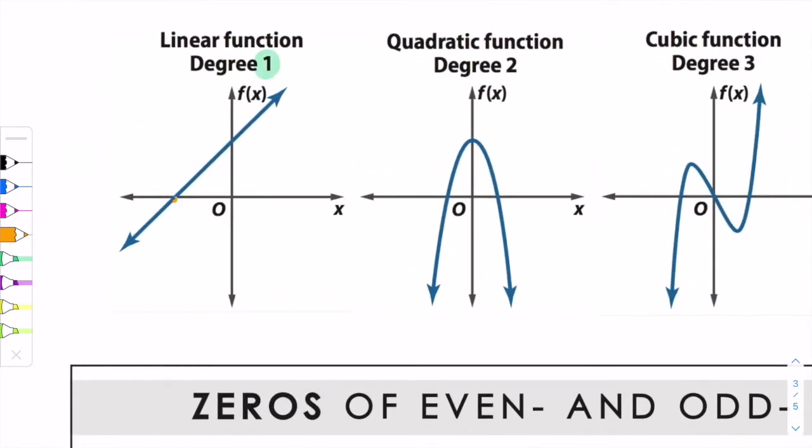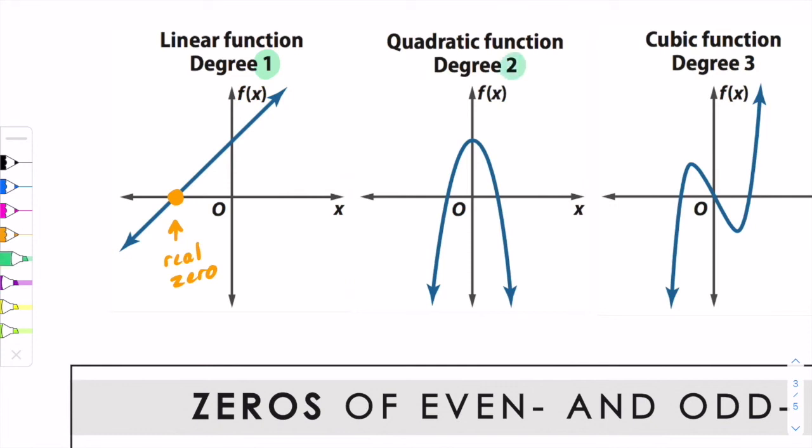A degree of 1 appears to cross the x-axis one time, and if it's crossing the x-axis, that means it has a zero. This is called a real zero. No matter where you move this line, it's still crossing the x-axis one time. That line can never cross the x-axis more than one time.